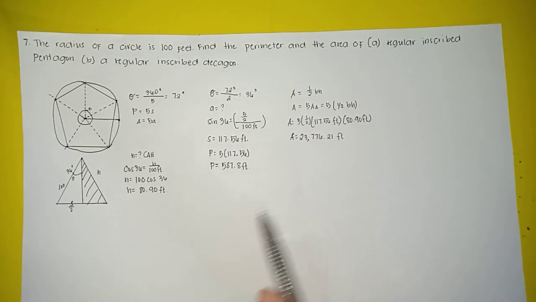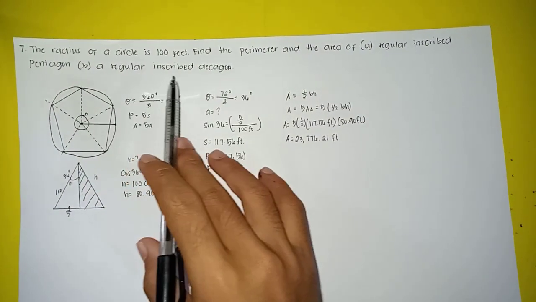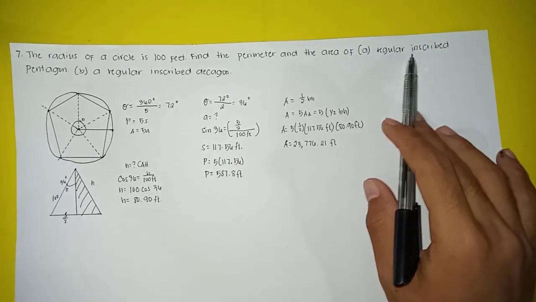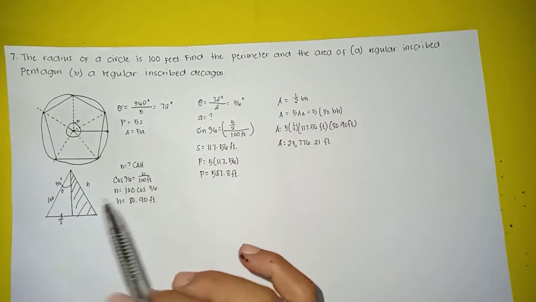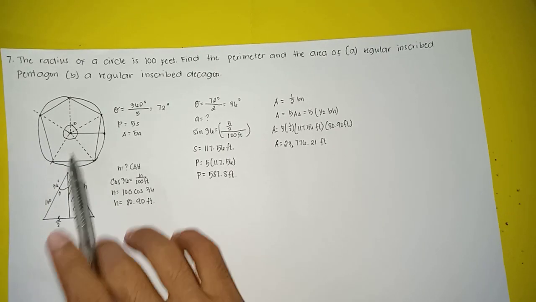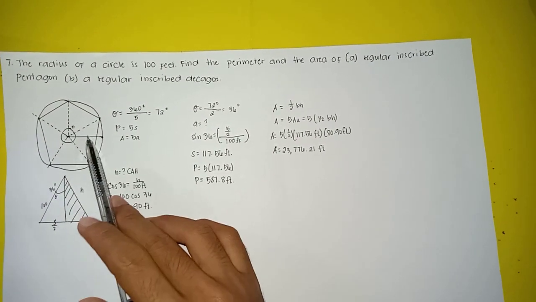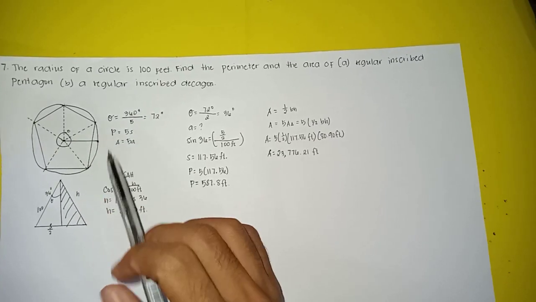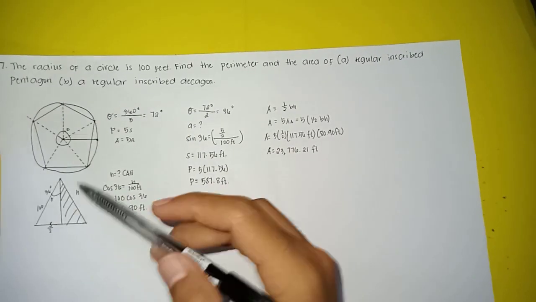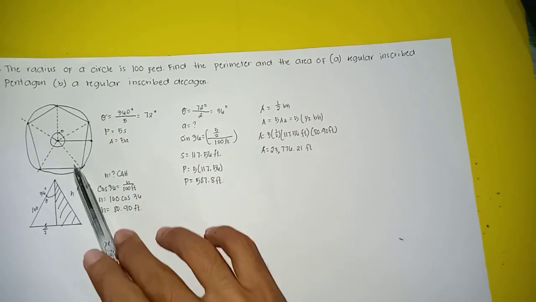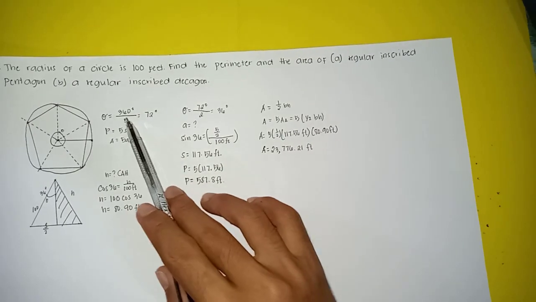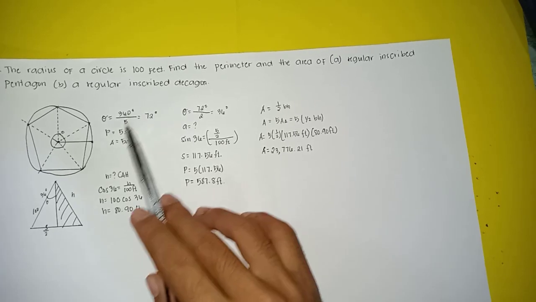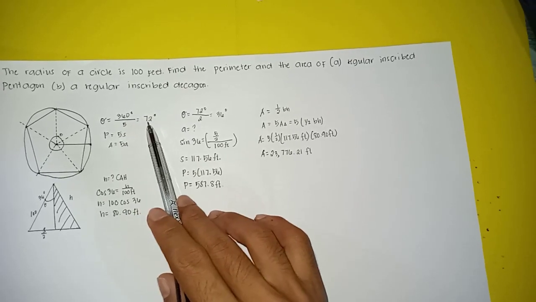Last problem of our trigonometry. The radius of a circle is 100 feet. Find the perimeter and the area of A, a regular inscribed pentagon, and B, a regular inscribed decagon. So we have here our inscribed pentagon. So first we took a triangle here, and then theta equals 360 degrees over 5 equals 72 degrees.